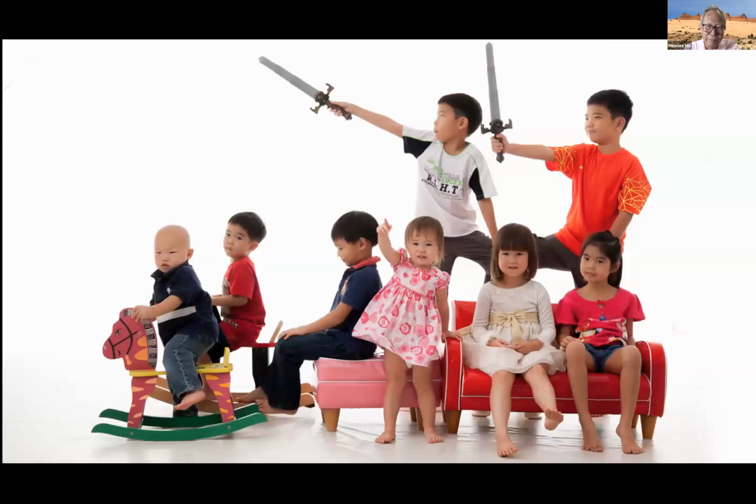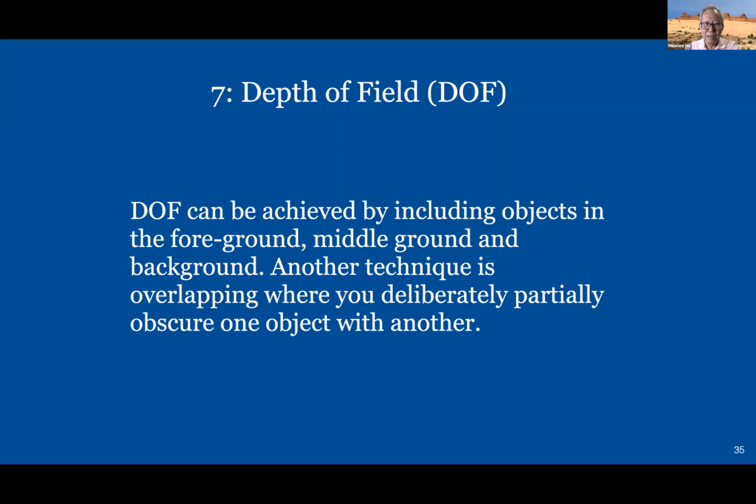This is another one, the white background, also taken by a professional photographer, not by me. Also my 8 grandchildren. Now, depth of field. To achieve depth of field, sometimes we intentionally make the background out of focus in order to emphasize the subject.